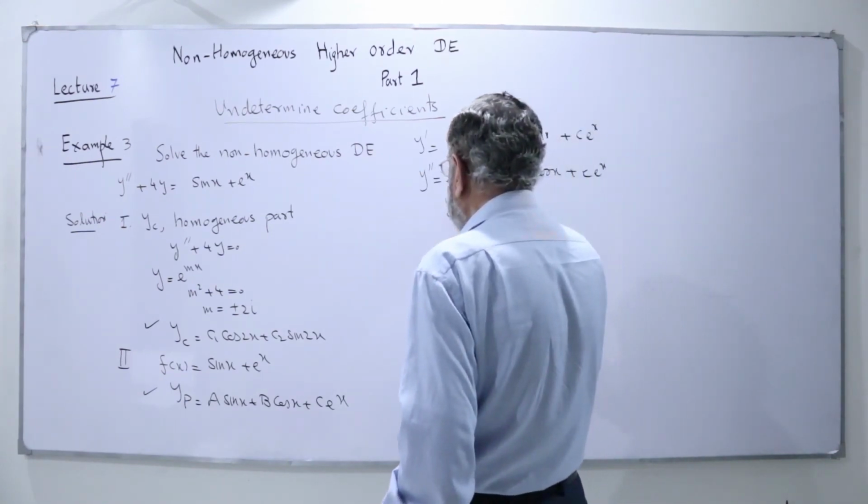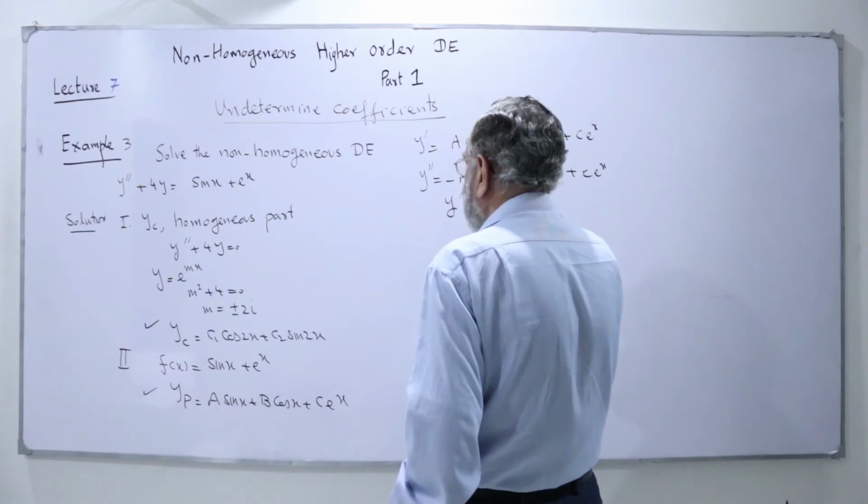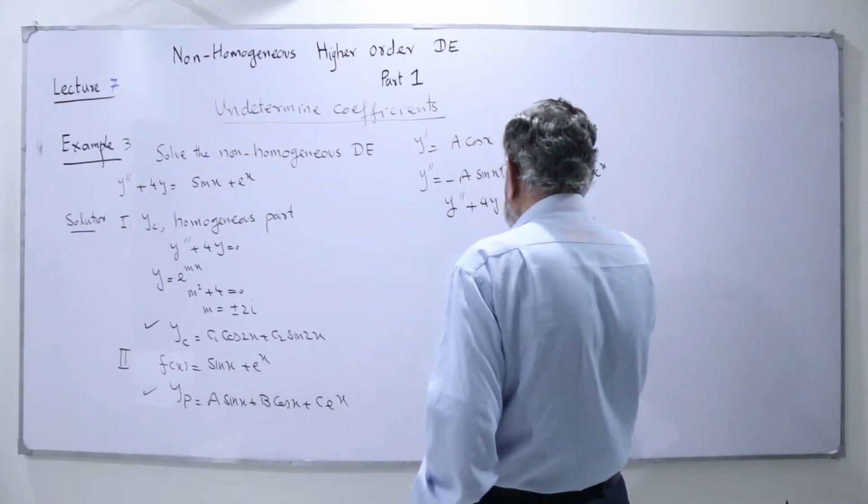My differential equation is y double dash plus 4y equal to sine x plus e to power x.